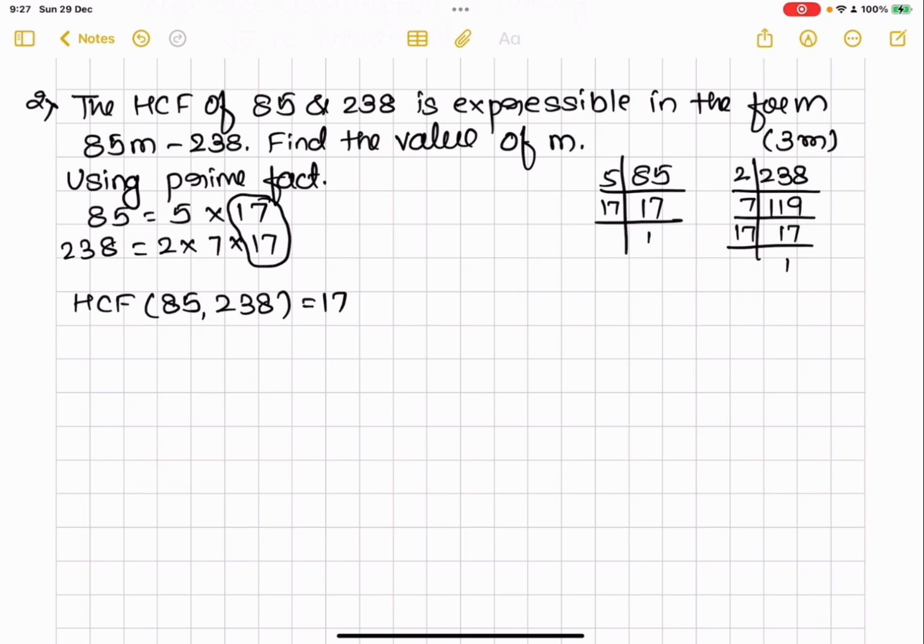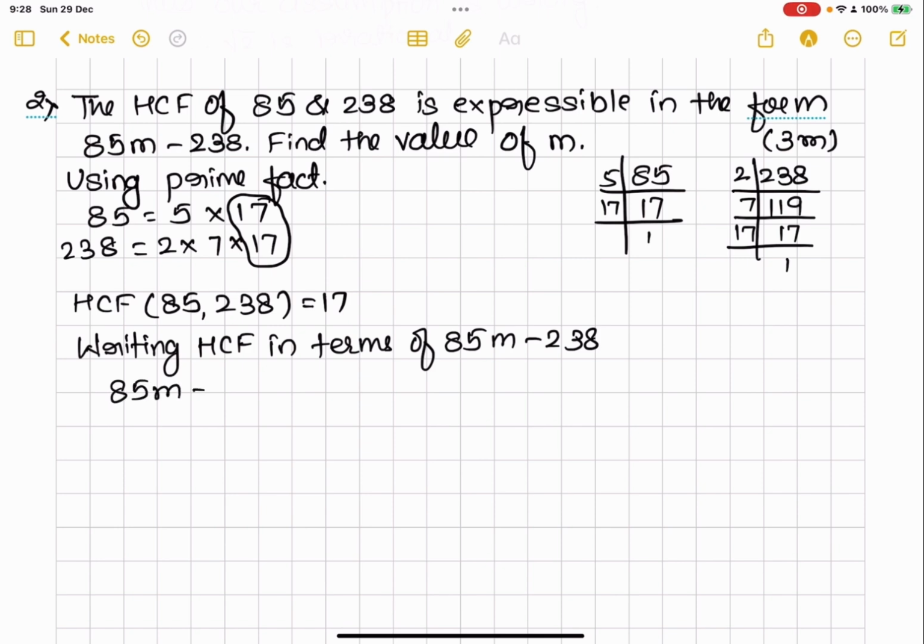Now writing HCF in terms of 85m minus 238, I can say 85m minus 238 equals 17. Now 238 I am taking on that side.